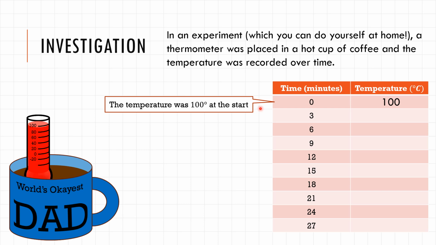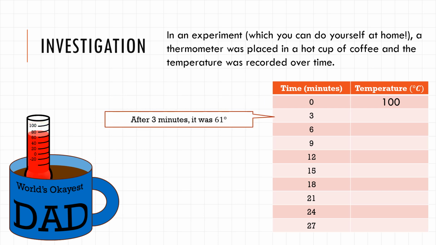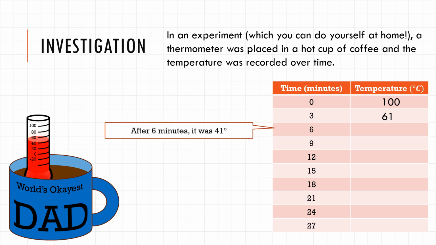And if you did complete this experiment, you might see something like this. After 3 minutes, the temperature of the cup of coffee was 61 degrees. After 6 minutes, it was 41 degrees. So you can see the thermometer is dropping.